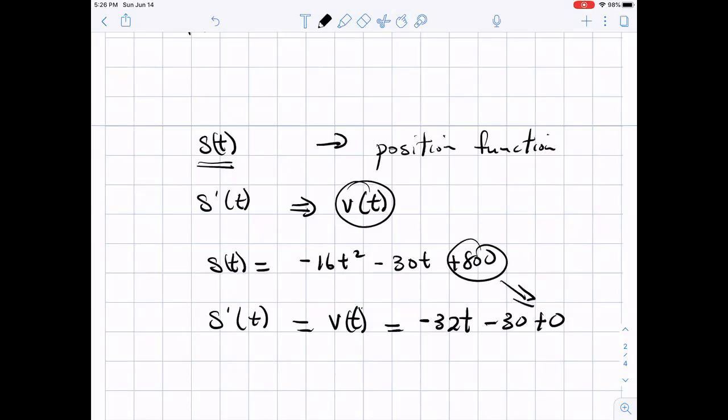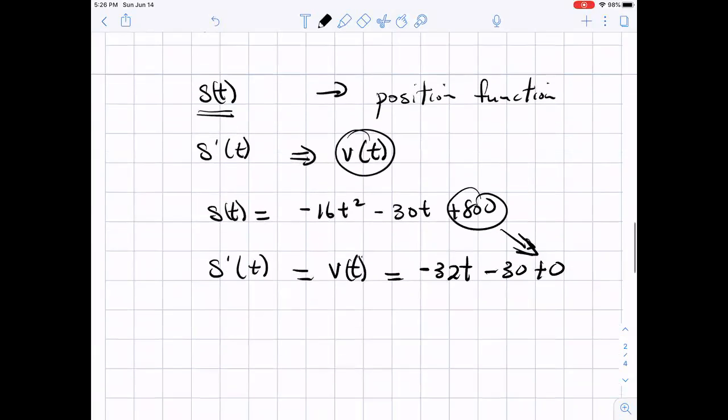Constant derivative will be 0. So V of t is equal to minus 32t minus 30. There is no need to write plus 0. And that is my velocity function.